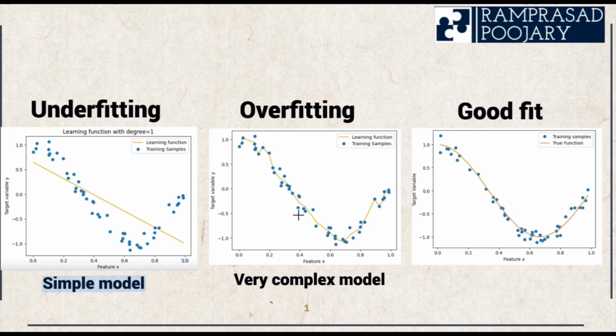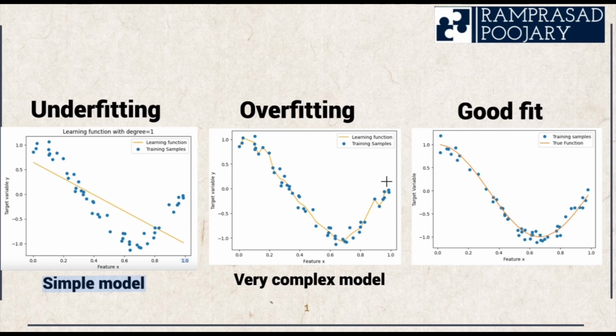And the model should not be so complex that it even picks up the noise like this, or it memorizes those coefficient values. So we need a model which is not very simple and not very complex, which has a function something like this, and this is called a good fit. Now this is the case when the degree of the polynomial is 4.